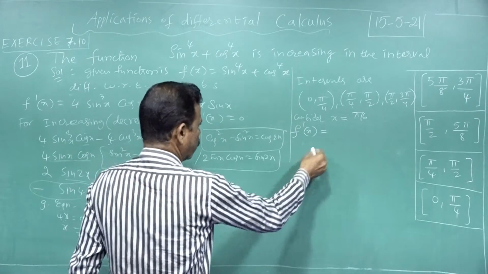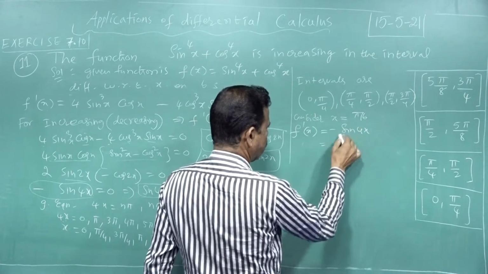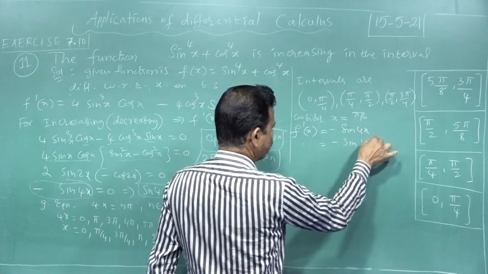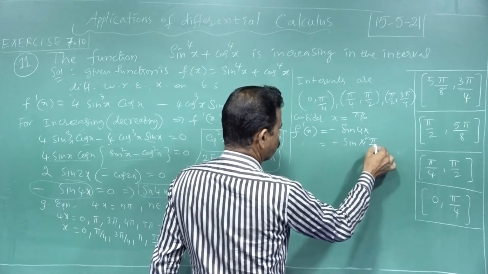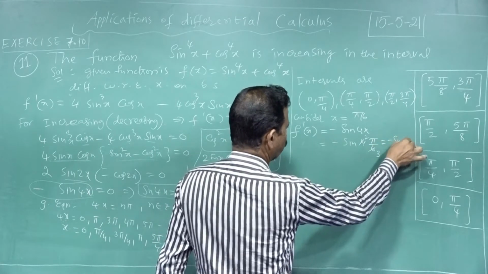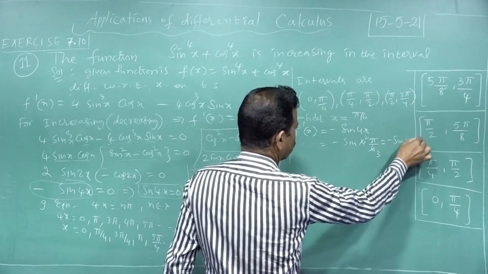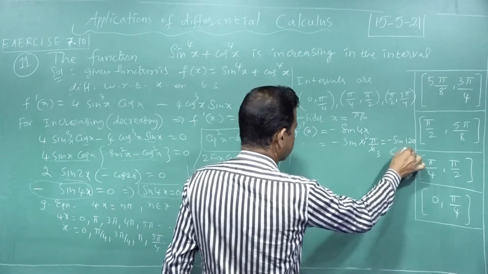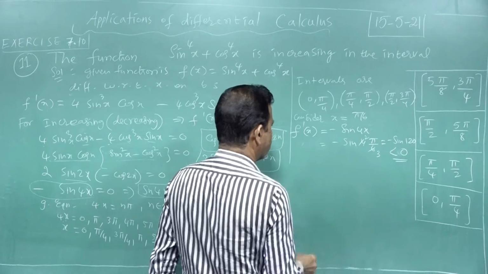Checking at x equals π/6, minus sin of 4 times π/6, which is minus sin of 2π/3. 2π/3 means 120 degrees. Sin 120 is positive, and with the minus sign, it is less than 0.